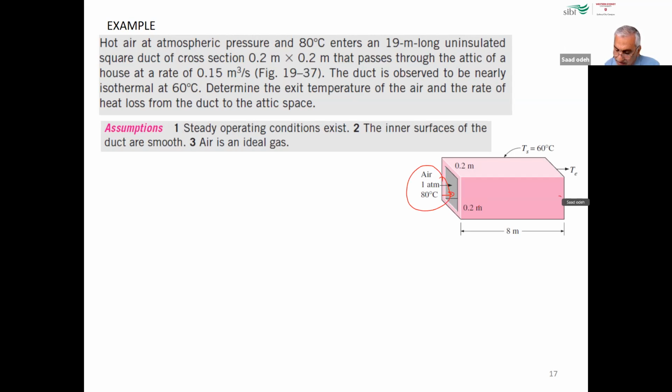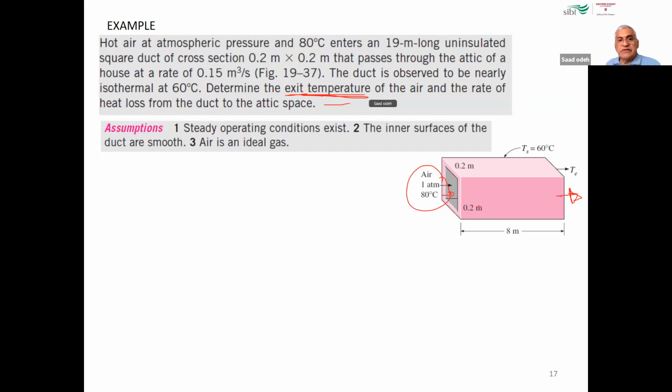We are only given the temperature of the air at the inlet. We don't have any information about the temperature at the exit. The duct is observed to be nearly isothermal at 60, so the surface temperature is constant at 60 Celsius anywhere on the surface. We need to find the exit temperature of the air.